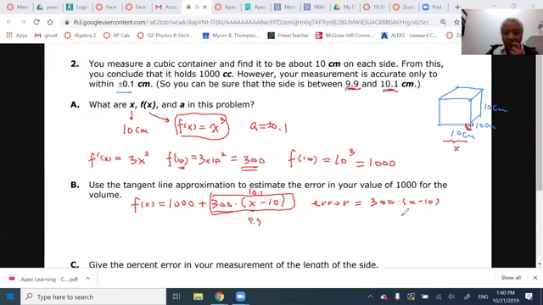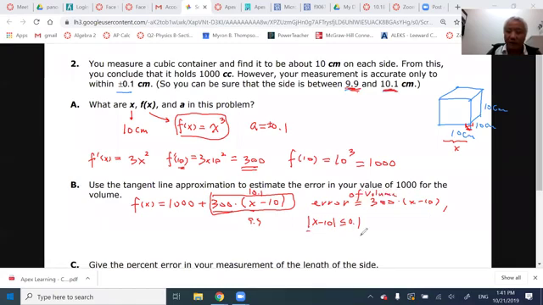And because we know the error, we use the absolute value: the absolute value of x minus 10 is less than or equal to 0.1, right? It means either lower than 0.1 from 10 or bigger than 0.1 from 10. You got this one. So find the error for this one. So this is the error already, but this is the error for the volume. Error of the volume.